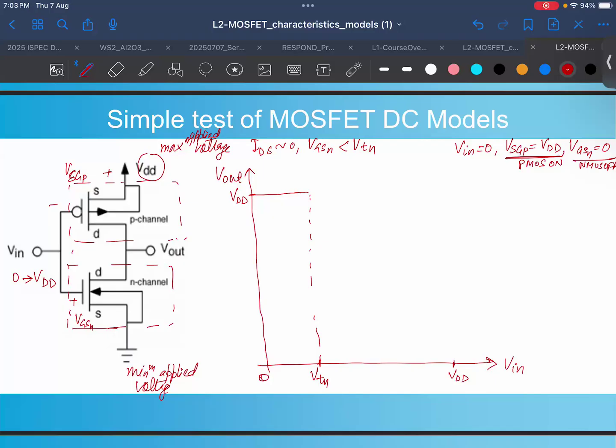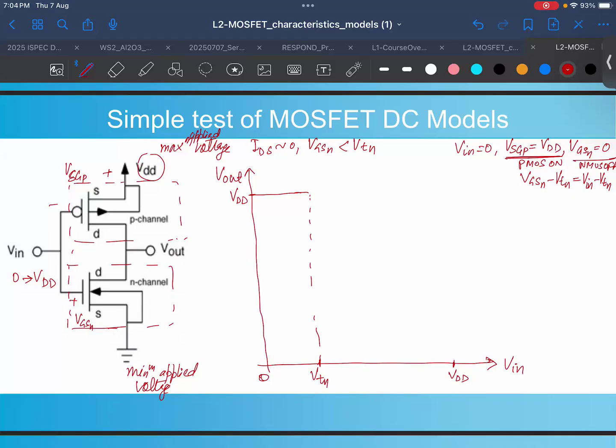So in this region, just above VTN, the NMOS has a very small overdrive but a huge VDS. Which region would that be in? Clearly, that would be the saturation region.